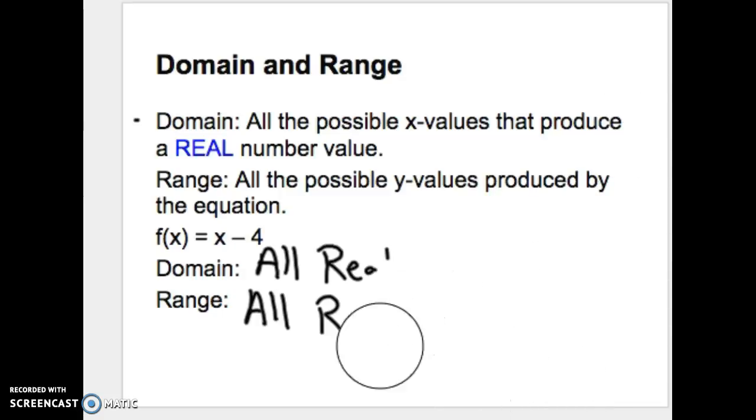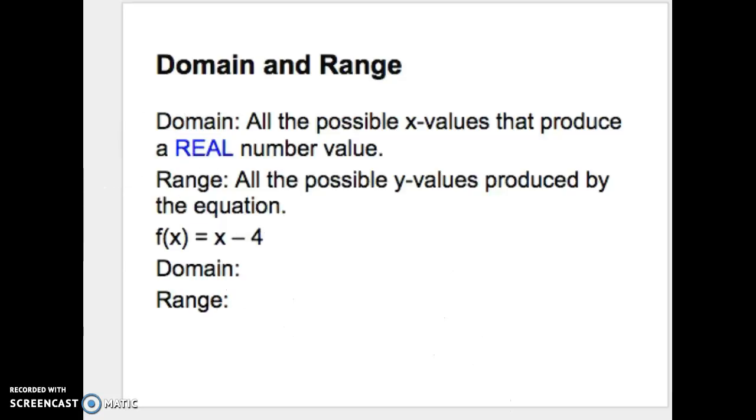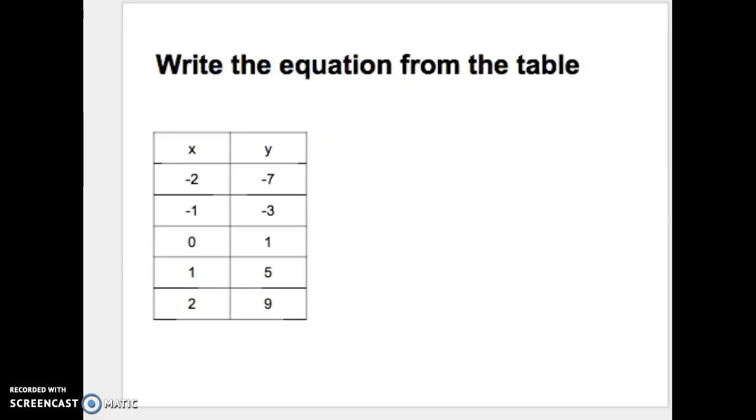We're now going to take a look at one last example, and this one is a combination of things we did last year and things we're going to do this year. What we need to do is be able to take a table and write an equation from the table.